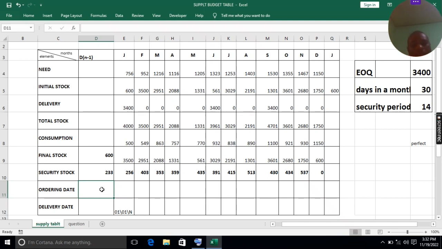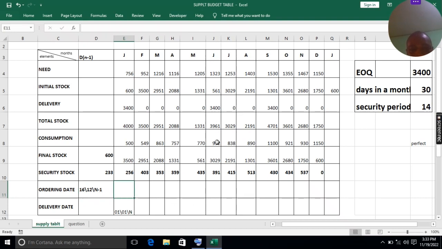From the ordering date to the delivery date is only 15 days. So to the first day it will be 16. So we are going to take 16/12/N-1, because it's in the last year. That's the date.